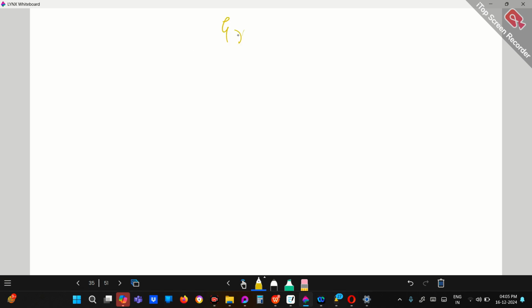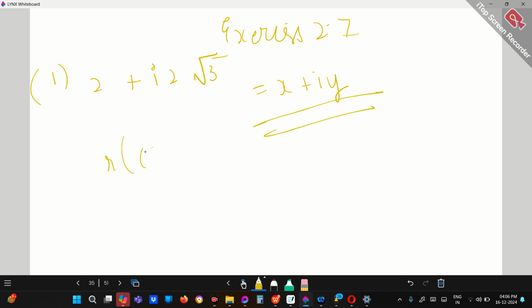First problem: 2 plus i 2 root 3, which is x plus iy, essentially r into cos theta plus i sin theta. This is the first quadrant, so no need of changing anything.